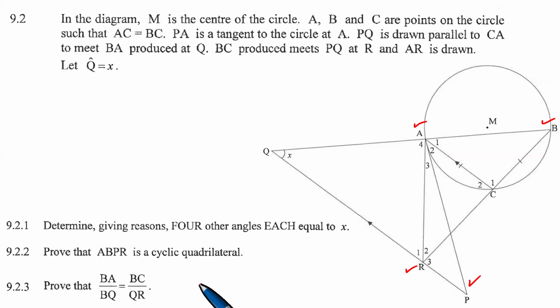So now, what do we do here? ABPR is a cyclic quadrilateral, with a couple of things that we need to take into account.